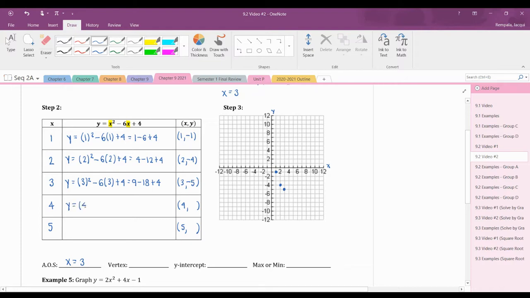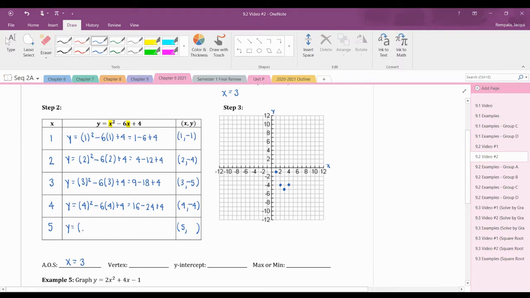Plugging in 4, we'll have 4 quantity squared minus 6 times 4 plus 4. Well, 4 squared is 16. -6 times 4 is -24. Then when I add 4, we should get -4. So 4 to the right and 4 down, plot my point.